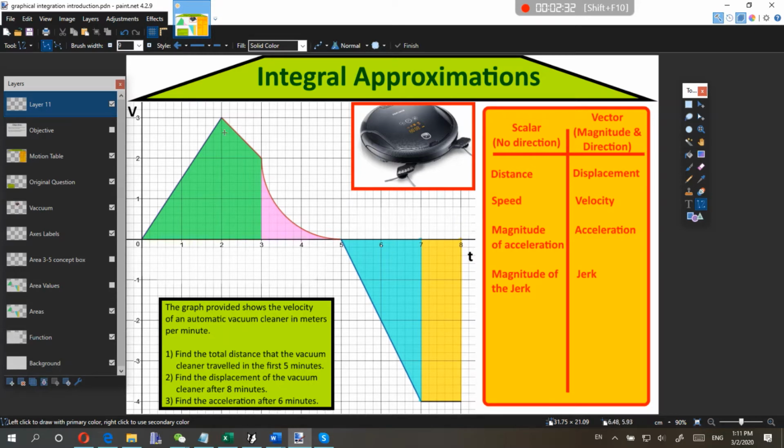So let's get this green area first. Sarah, what should the area of this green space be? If you want, we can split this up into the triangle and the trapezoid.